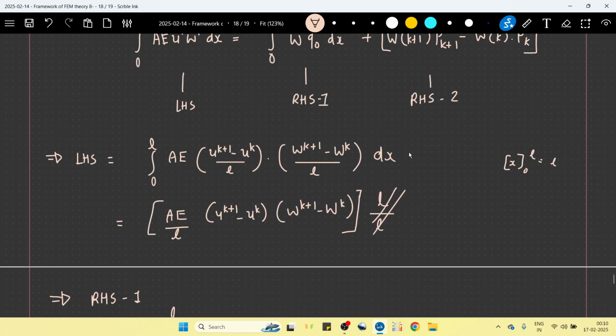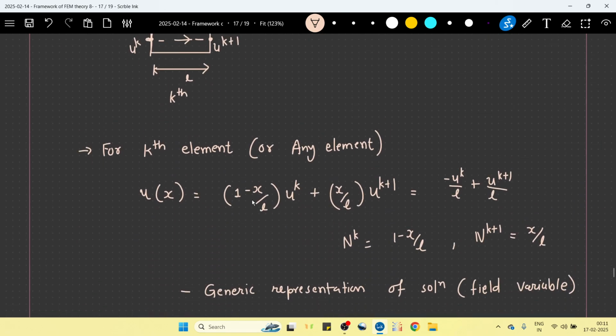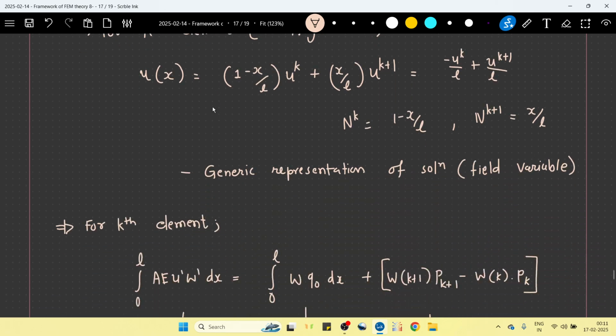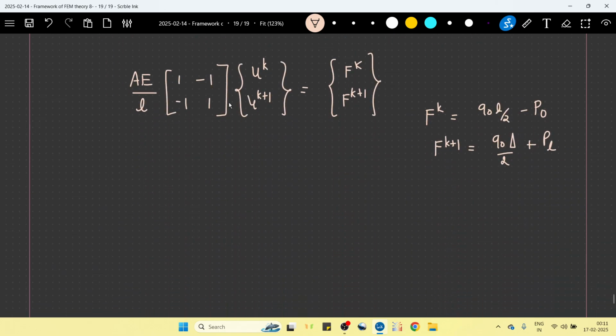We have taken this as a free body, so 0 to small l. The kth node is at x equal to 0 and the k plus 1 node is at x equal to L. Just for simplification, I will write it as P0 and PL.